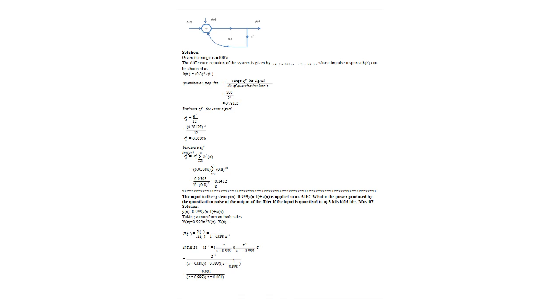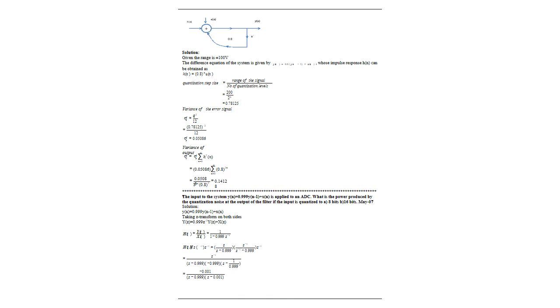First, we write the y of n equation, that is y of n equal to 0.999 y of n minus 1 plus x of n. Taking the z transform on both sides, y of z is equal to 0.999 z inverse y of z plus x of z. So h of z is equal to y of z by x of z, that is 1 by 1 minus 0.999 z inverse.